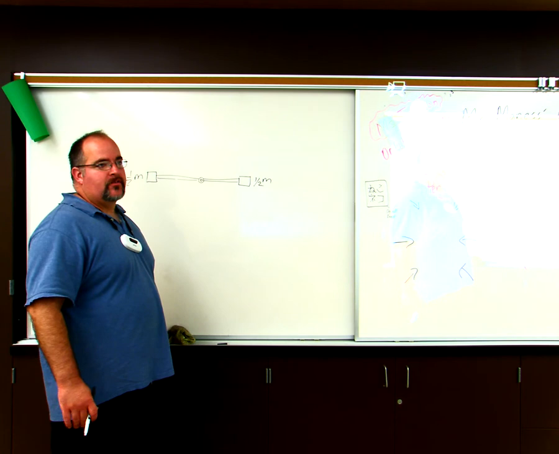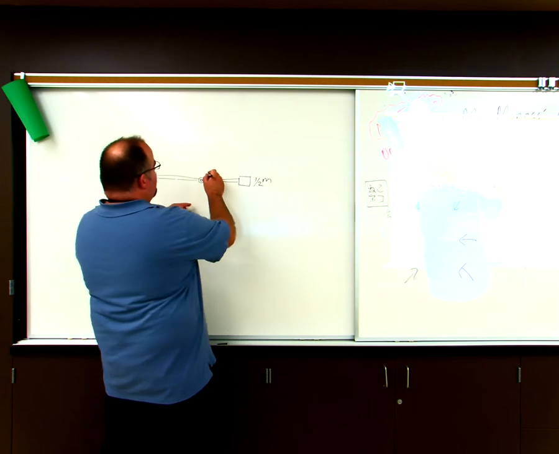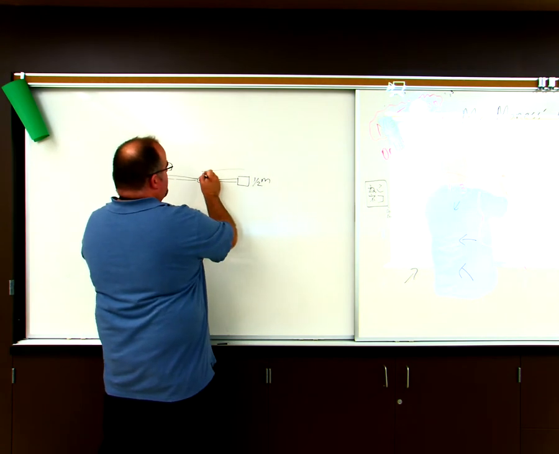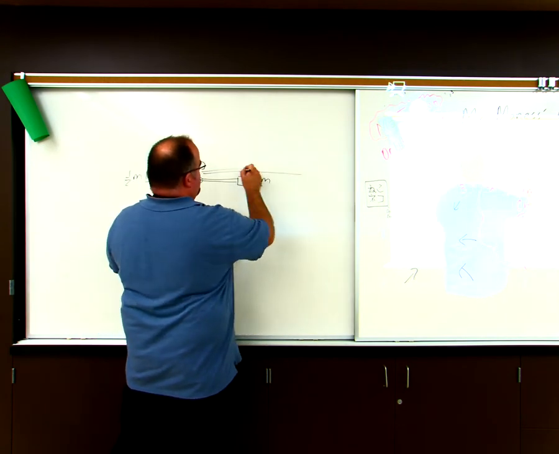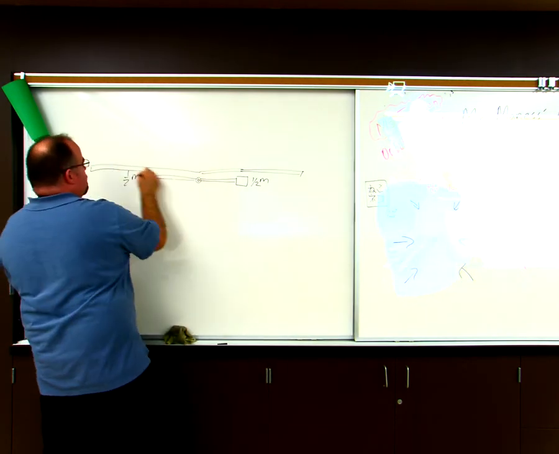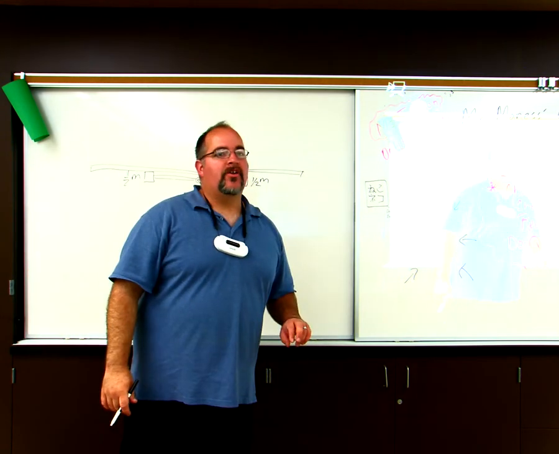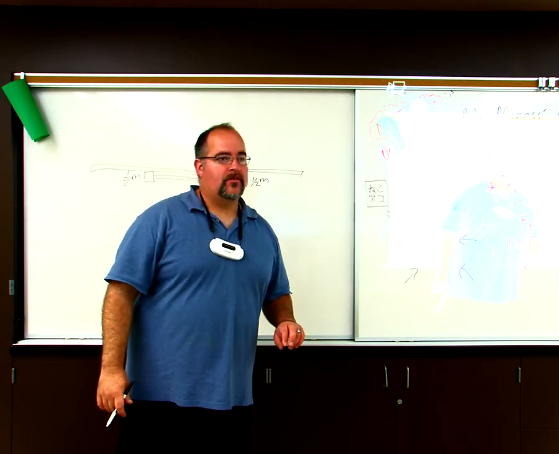Okay, so here's another thought experiment. What if I double the length of the arms and put the mass out further? Would it be harder or easier to rotate, or the same? Harder, much harder. Why?